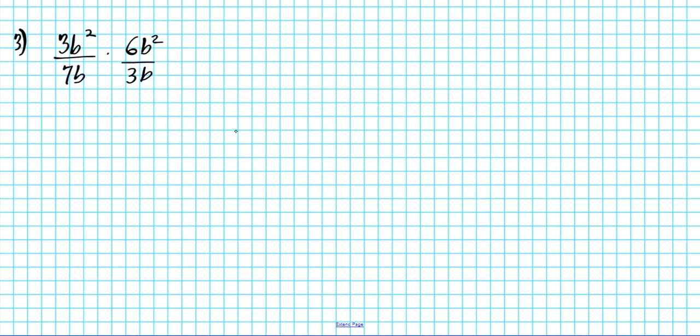So what we're going to do is go ahead and decompose the composite numbers. Okay, the only composite number I have is 6, so that can be decomposed into 2 times 3. So 6b squared in its decomposed state is equal to 2 times 3 times b times b.